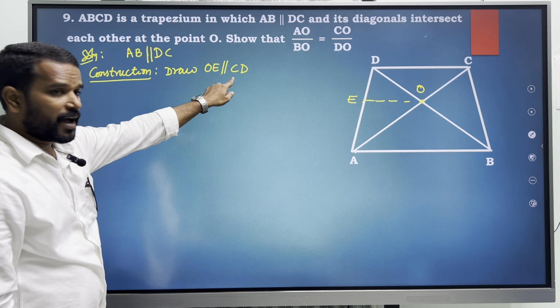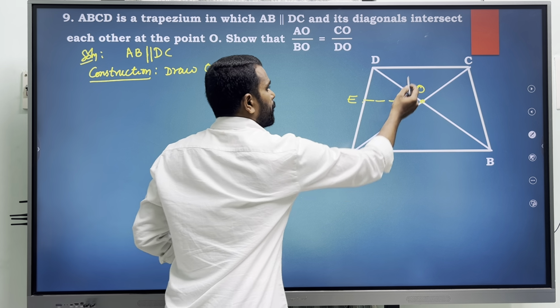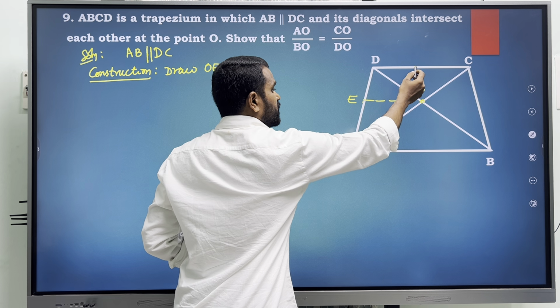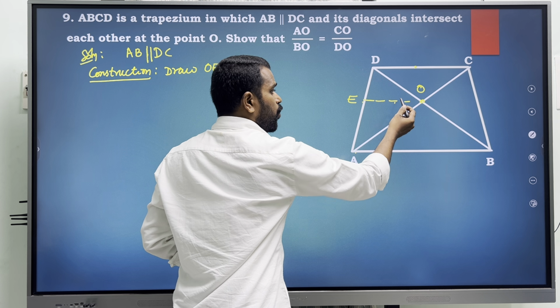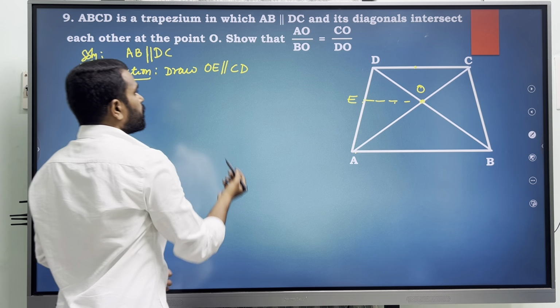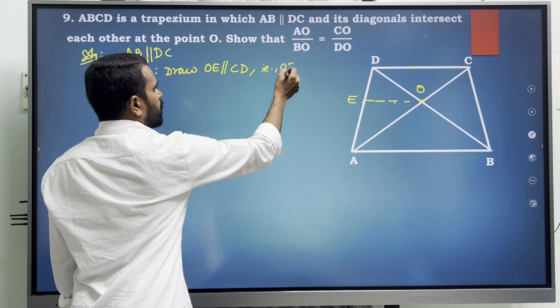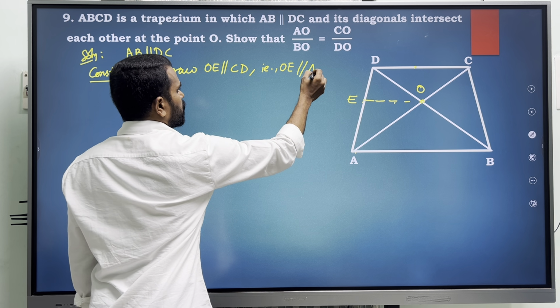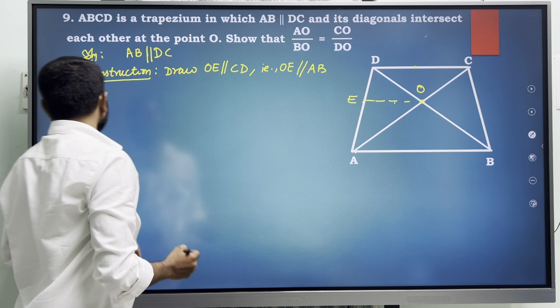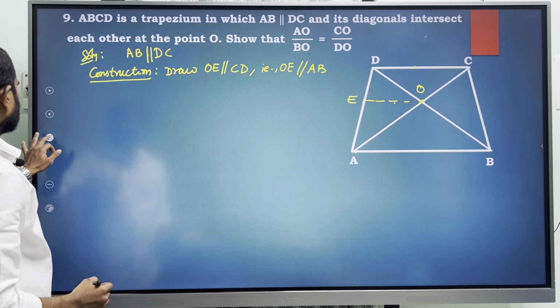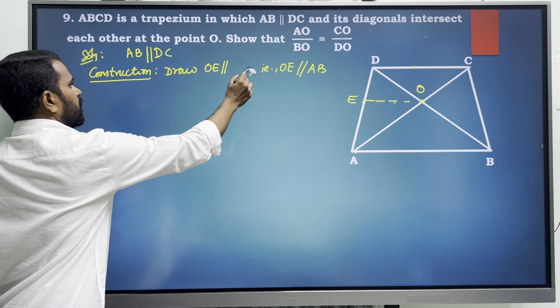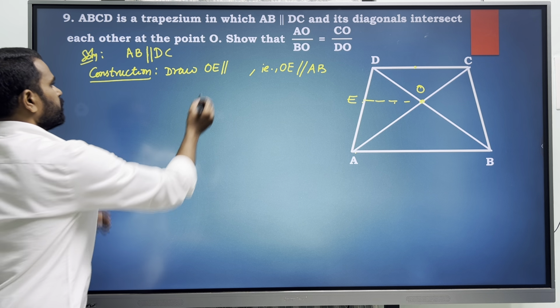If OE is parallel to CD, and we know that CD is parallel to AB, then OE is also parallel to AB. Understand? CD or DC, both are the same.